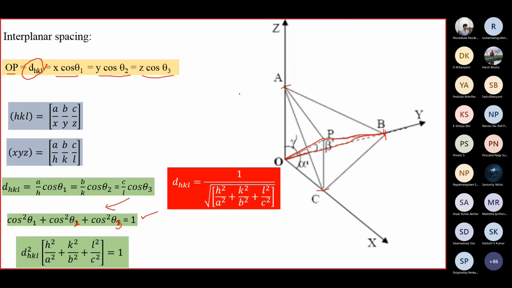d hkl is equal to 1 over root of h square by a square plus k square by b square plus l square by c square. Now, for a simple cubic lattice, or for a cubic lattice, what is the final d hkl formula? For a cubic lattice, what is the interplanar spacing formula?